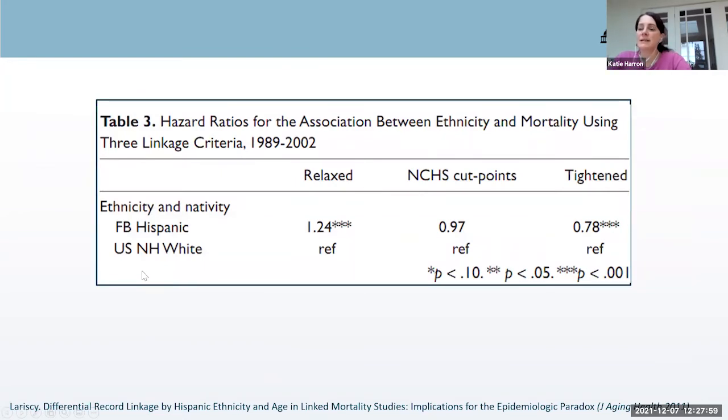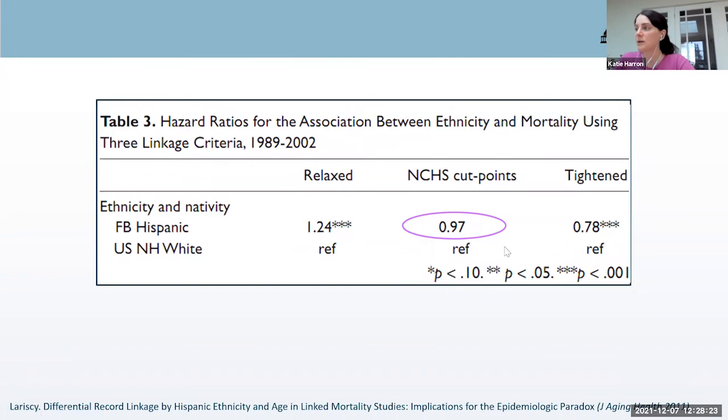And false matches and mismatches don't occur in isolation but, as I've shown, are a trade-off. So this table comes from a study looking at ethnicity and mortality in the US. And the original linkage found that there was no association between Hispanic ethnicity and mortality, which the authors were surprised about.